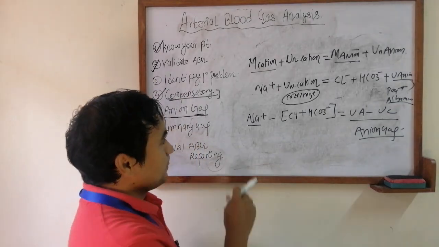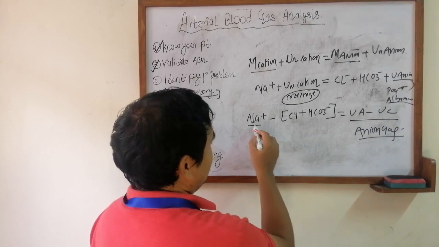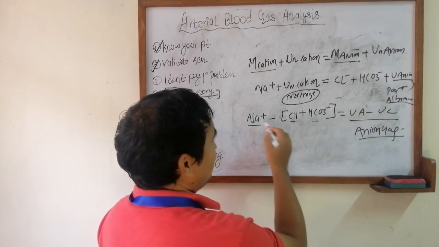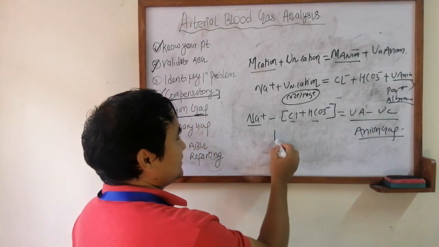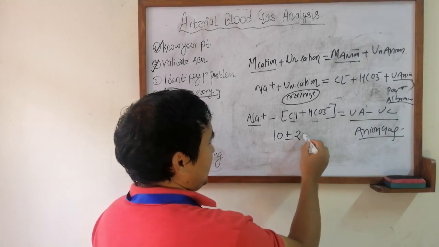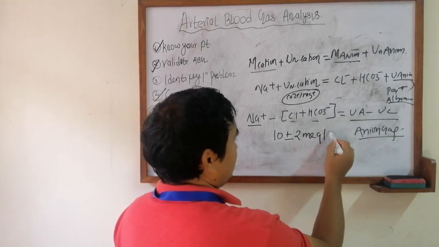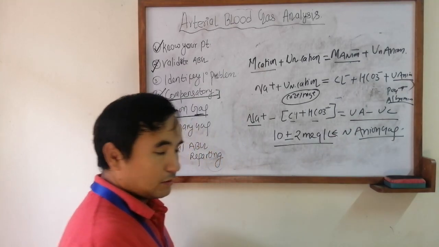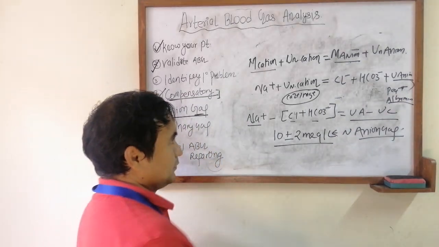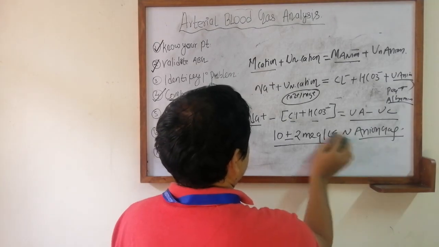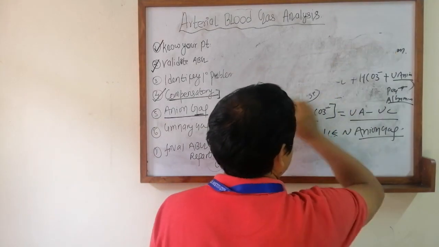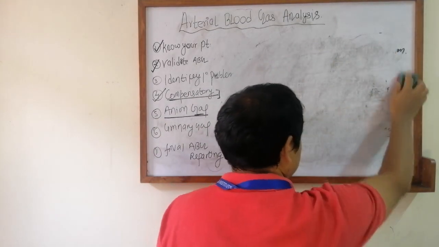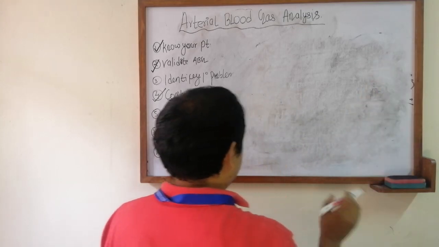So we can calculate anion gap by subtracting the chloride level and bicarbonate level from the sodium, and we take the normal anion gap as 10 plus or minus 2. Now I will give you one report.